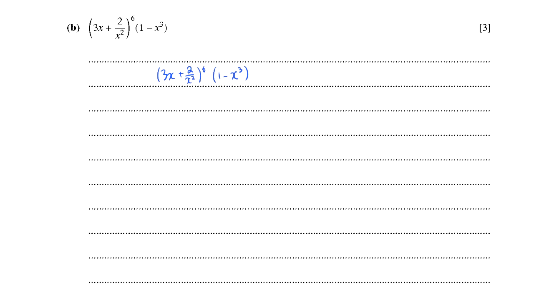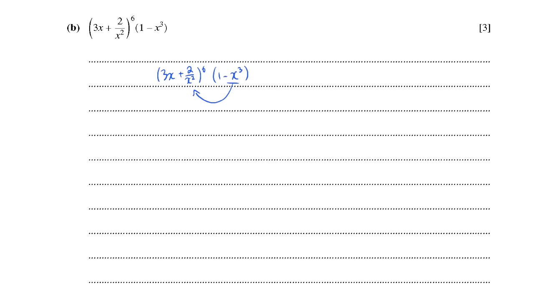And we have to work out, well, is that going to produce terms without an x? Well, of course, the 1 is going to multiply by a constant to produce a term without an x. We already know what that constant is. What we have to think about is, does the x cubed multiply by any of the expanded terms, and is going to cancel out the x from that term?